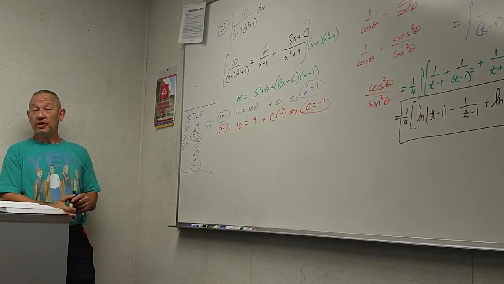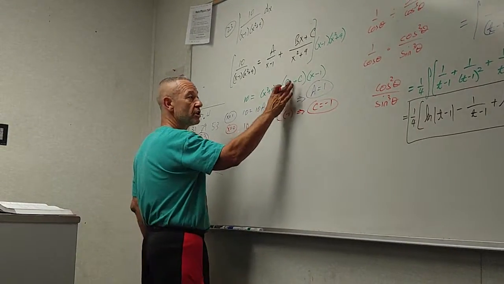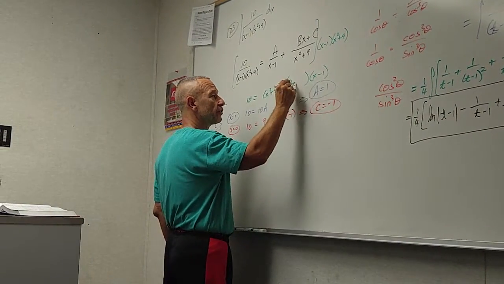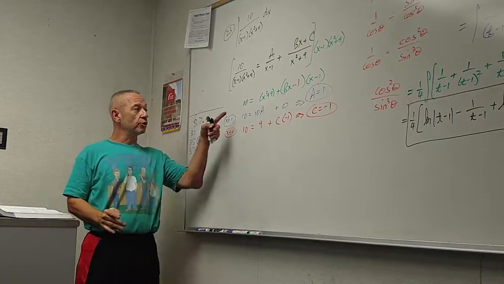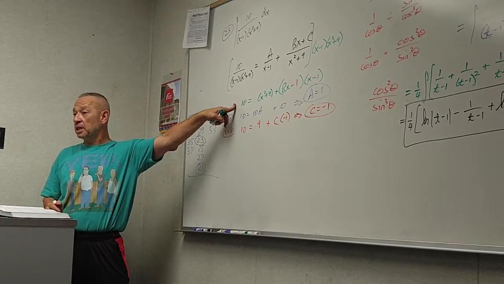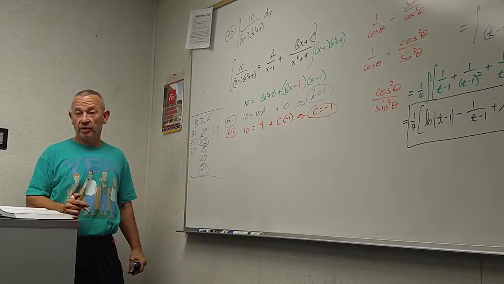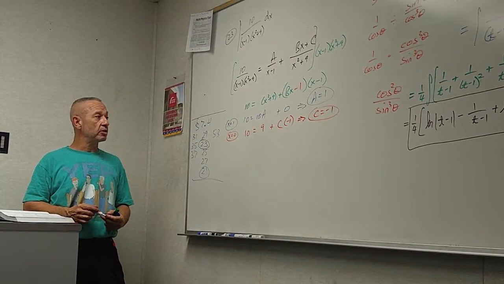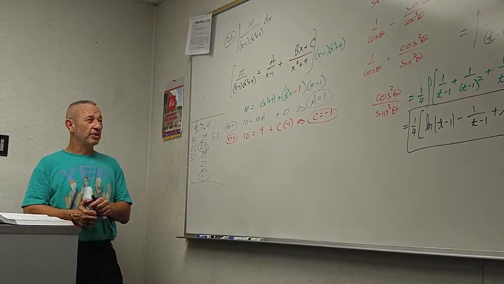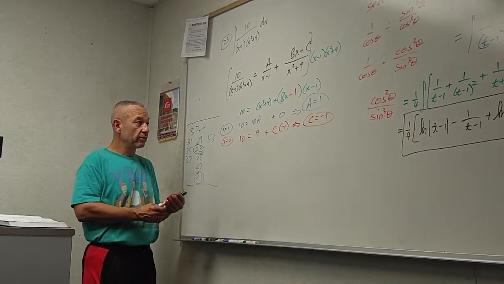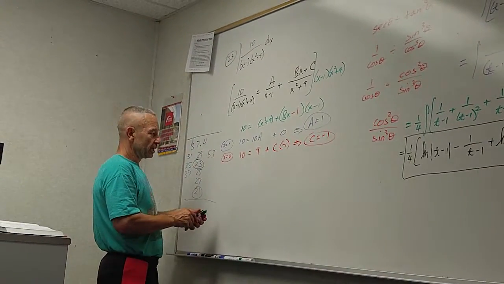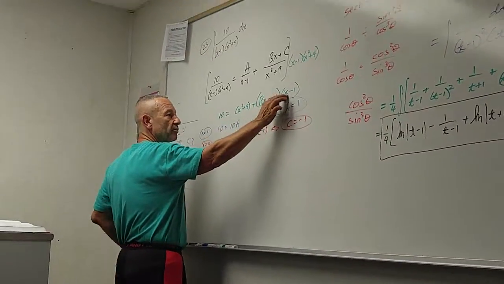Now that I know that c is negative 1, I'm going to go back and change plus c to a minus 1. So now notice there's only one unknown left here, b. Pick any value of x that you want. When you substitute it in, you're going to find b. So I think 2 is okay. Let's just use 2 because then that becomes a 1.